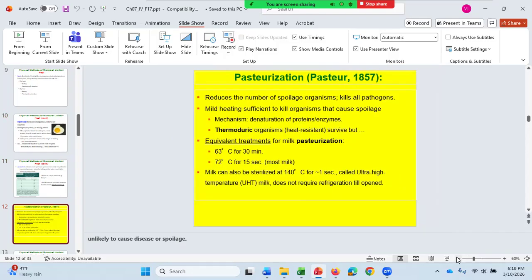All right, let's talk briefly about pasteurization, then we'll quit. Pasteurization reduces the number of spoilage organisms. It does kill all pathogens, but it does not kill all microbes. And that's why pasteurized milk has a shelf life, because the other microbes that are not killed by the pasteurization are alive and they can grow, creating a toxin.